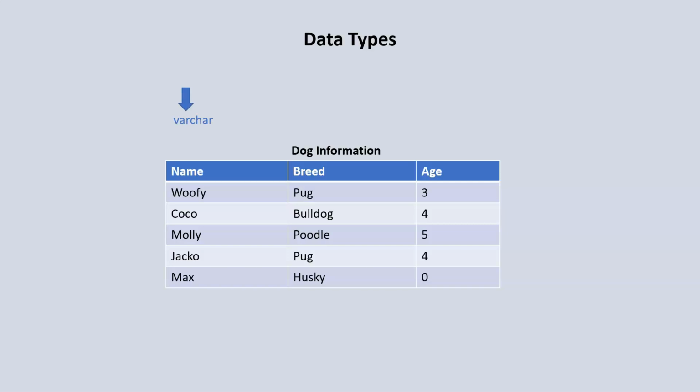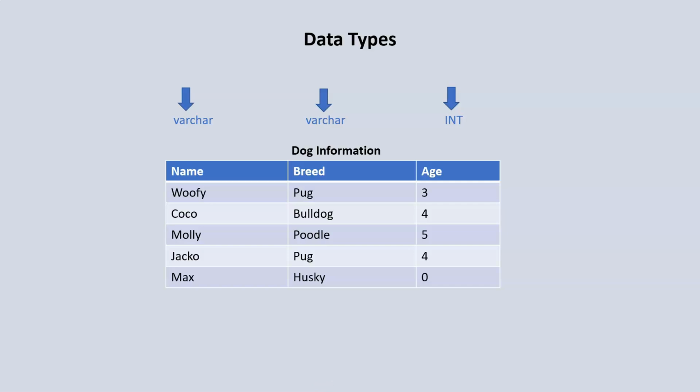The name column, because this contains strings or characters, would be a VARCHAR. The breed column also contains character information and will be VARCHAR. The age column represents the ages of our dogs, and these are all integers, and would be int as a data type.